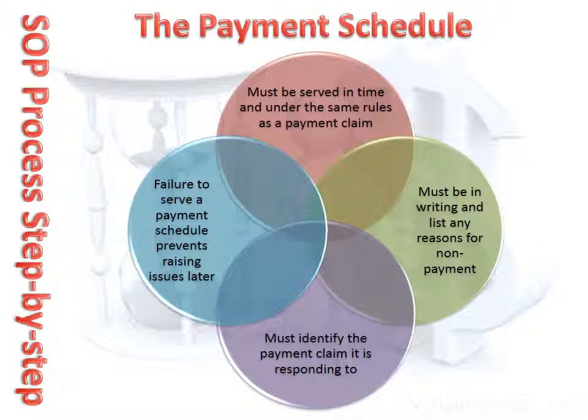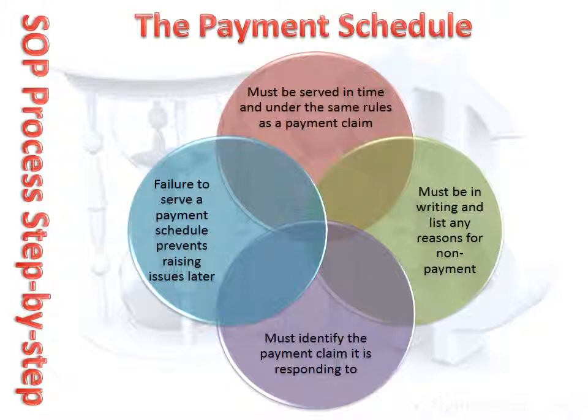The only exception to this is in Victoria, which allows a client to raise issues in their adjudication response which are not included in the payment schedule. When putting reasons into a payment schedule for non-payment, you do not need to include a full legal explanation, only the reasons such as the work claimed was not done or the work was not to standard and the contract allows the client to withhold part payment.